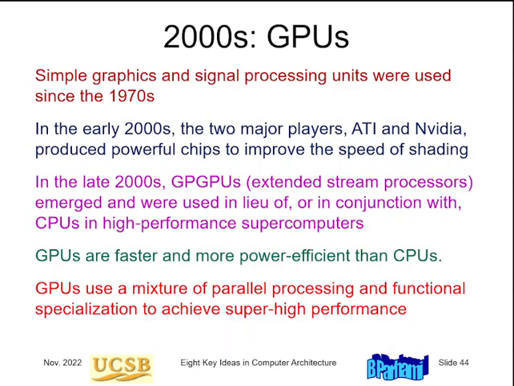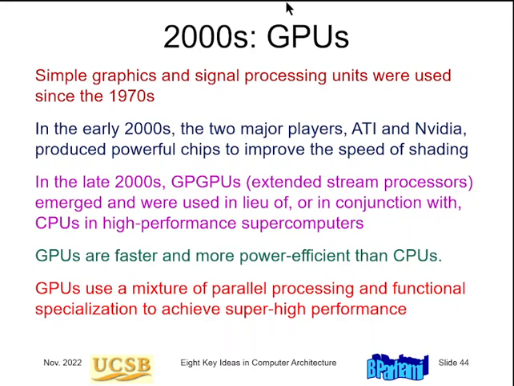Okay. From the 2000s, the concept of GPUs I've chosen as the main idea, most important idea. Again, graphics, so the GPU stands for Graphic Processing Unit. The idea of Graphic Processing Unit goes back to the 1970s when we first started building computers that required us to generate pictures, images for the display unit.